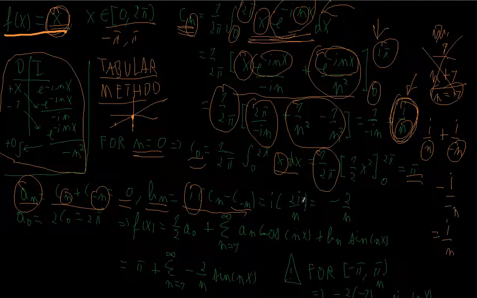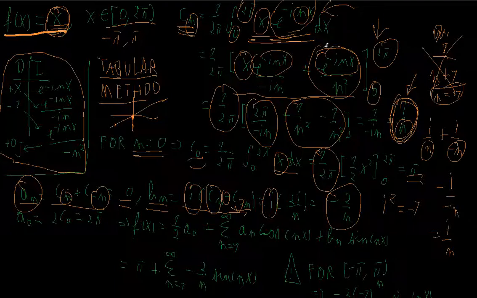And so we get i over n plus i over n, so we get 2i over n. And don't forget this i in front of the whole thing. If you multiply both i, we get i squared, so negative 1. And so we get negative 2 over n.